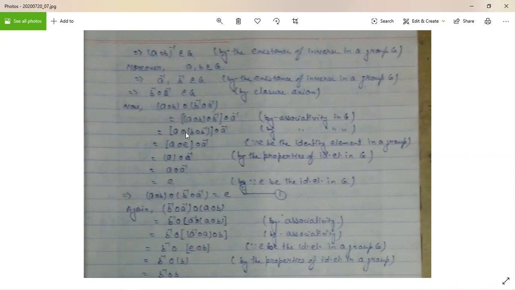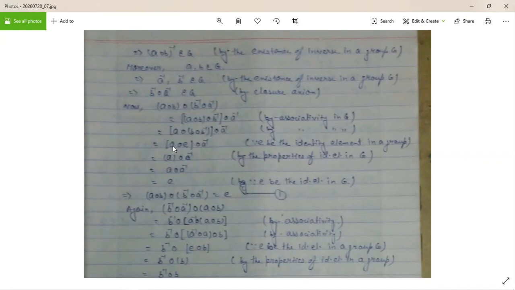Now it will become again a ∘ (b ∘ b⁻¹) ∘ a⁻¹ with the help of associativity. Again we can write a ∘ e, because b ∘ b⁻¹ equals e, and e is the identity element in a group G.